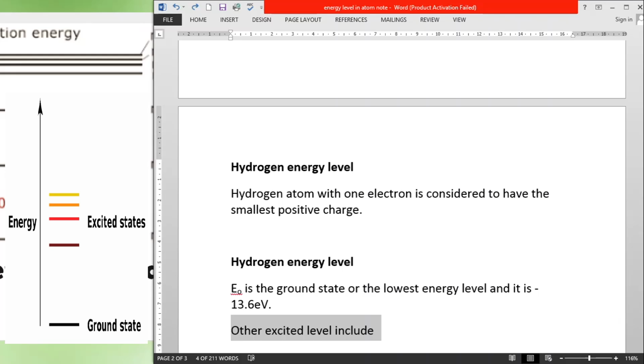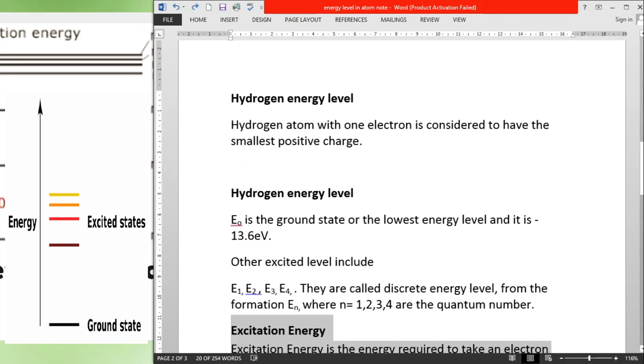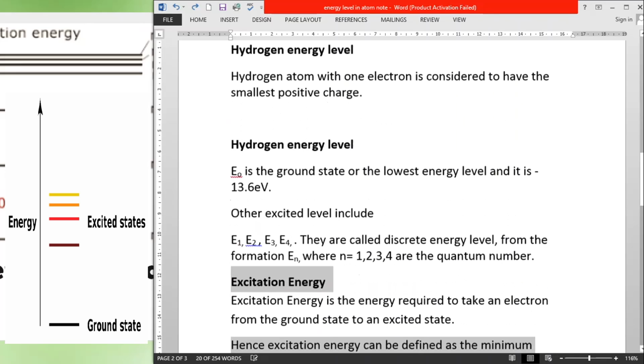We have other excited states as E1, E2, E3, E4, and so on. They are called discrete energy levels, where n equals 1, 2, 3, 4 are our quantum numbers.